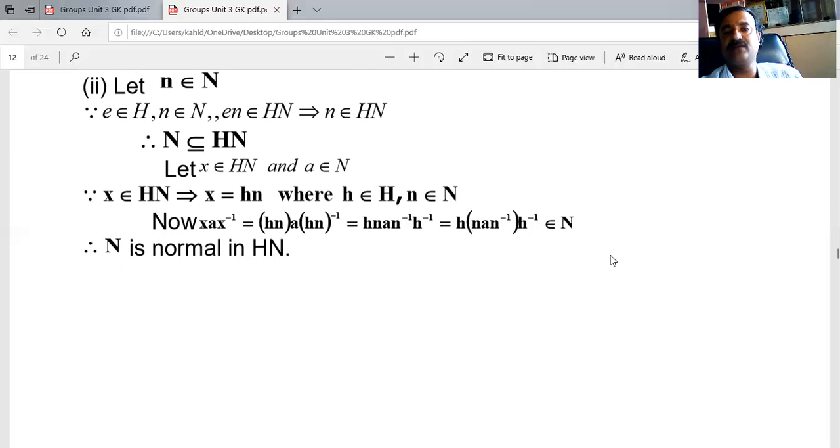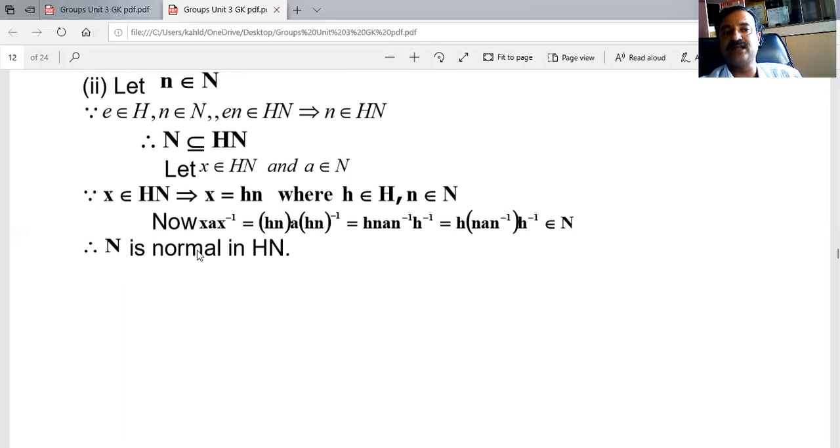By the definition of normal subgroup, that is the normality condition, the second condition of a normal subgroup, you can treat it as a single element which is in N, and h is in the big set, that is G. So h (n a n inverse) h inverse belongs to N by the definition of normal subgroup. That means this x a x inverse belongs to N.